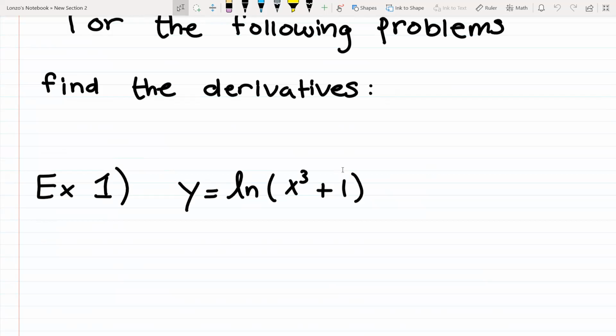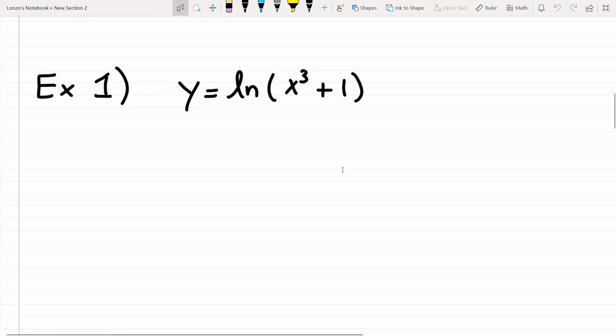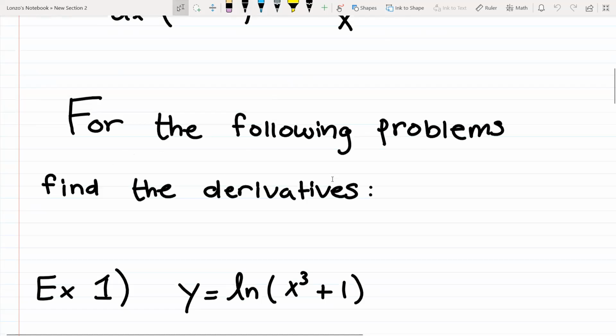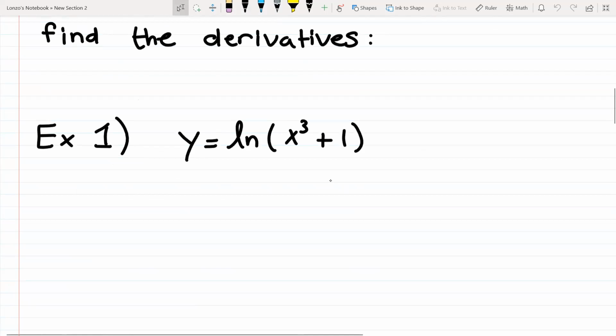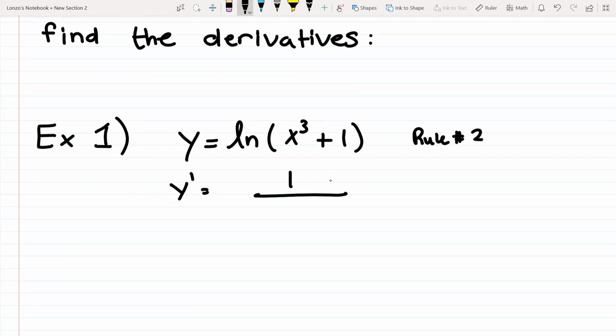We have y equals ln of x cubed plus 1, and we want to find the first derivative. We're going to use rule number 2, or you could think of it as the chain rule. So y prime equals 1 over this thing, times the derivative of this thing inside the parentheses.